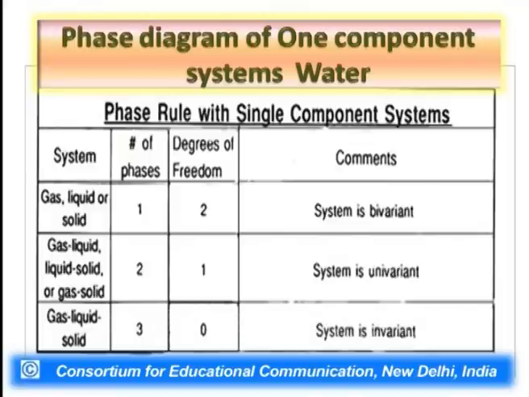So, C here, the number of components when only water is being taken in the system, represents 1 only. And if we have only gas phase or only liquid phase or only solid phase, then we have only 1 phase in the system. So, 1 component, 1 phase. C is 1 and P is 1, so C minus P plus 2 becomes 1 minus 1 plus 2, which is equal to 2.